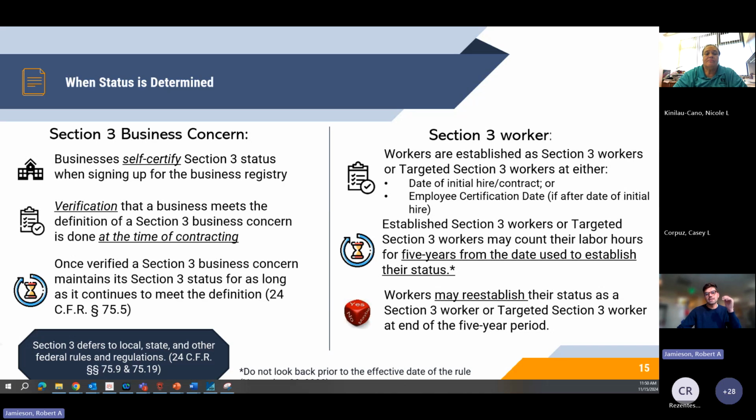If you look at this slide here, when are we establishing Section 3 worker status? It's at the time of the initial hire or contract. So they were getting paid something before your housing rehab or housing construction project, right? Like I was saying before, we're not trying to penalize anyone. It's the opposite.